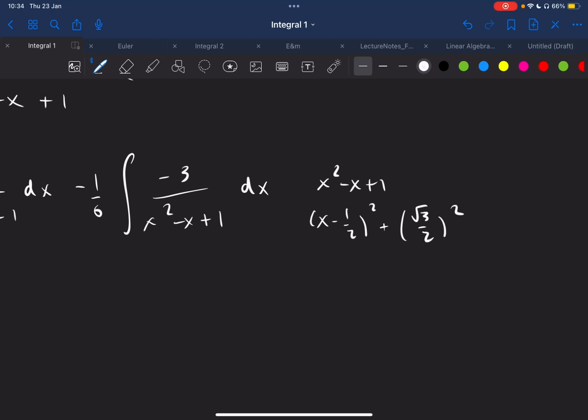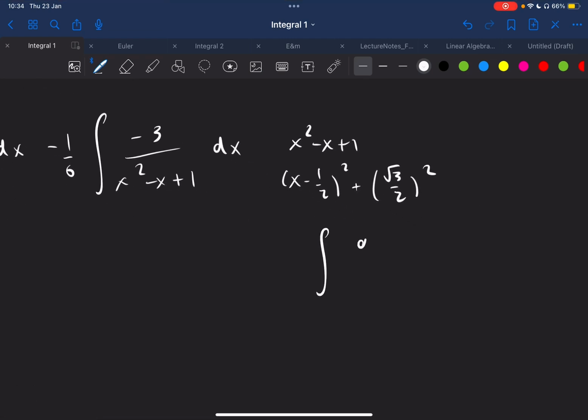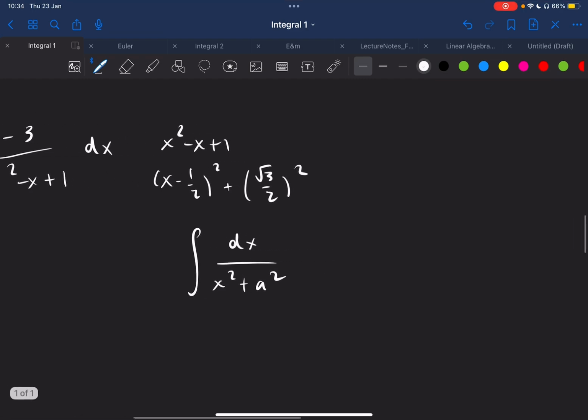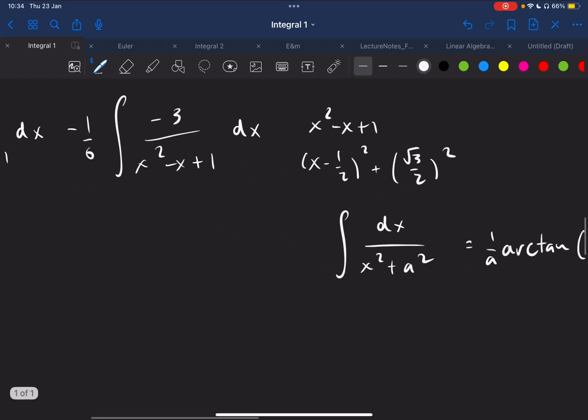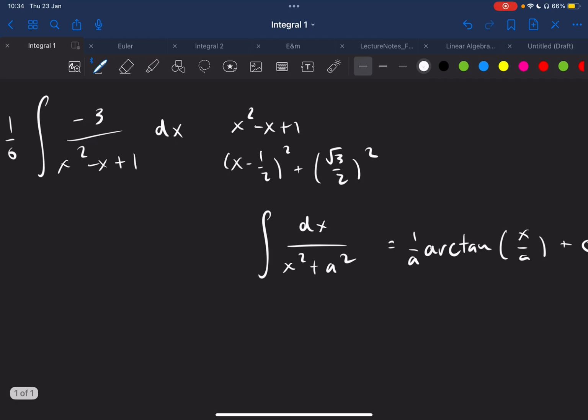And then we can look at the normal integral formula of 1 over x squared plus a squared, and that's just going to be 1 over a inverse tan of x over a, and obviously plus c. So here our x value is x minus a half, and a is root 3 over 2.